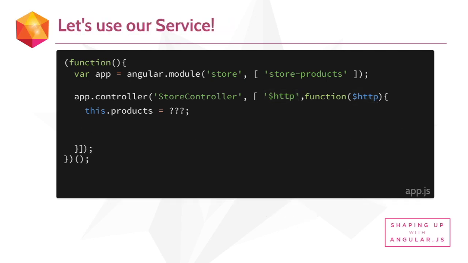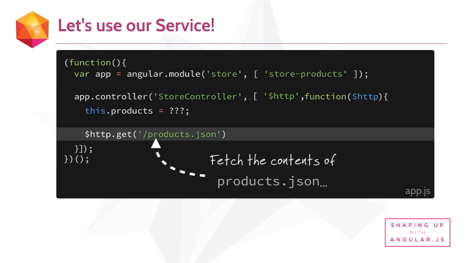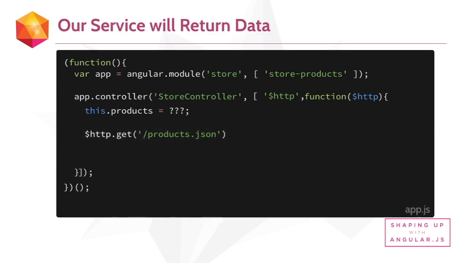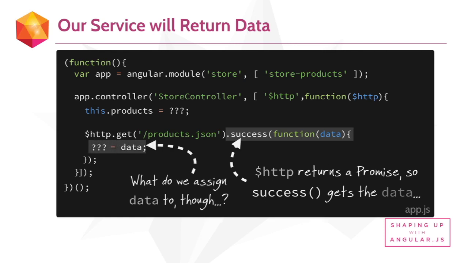So we'll write $http.get, specify the URL to call. Now we need to tell it what to do when it gets the data back. So we'll write .success, send in a callback to success because it's going to return some data. And now we need to do something with that data. Really, we need to set it equal to this.products.